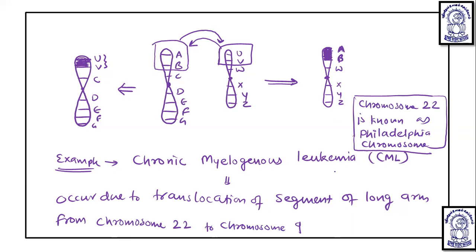Now we are going to talk about the fourth type of chromosomal aberration, and that is inversion. If you talk about inversion, what happens here?